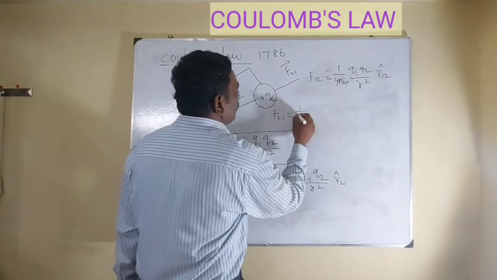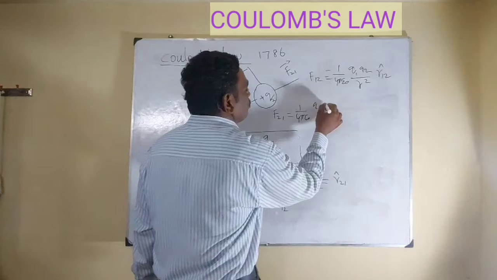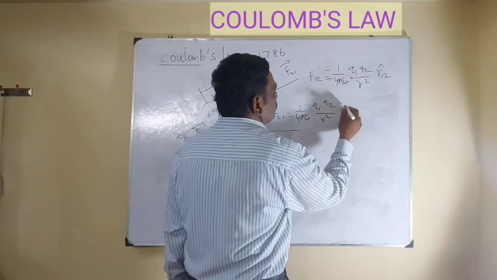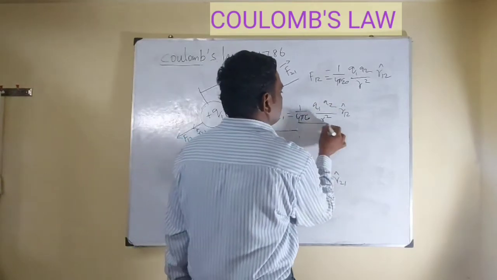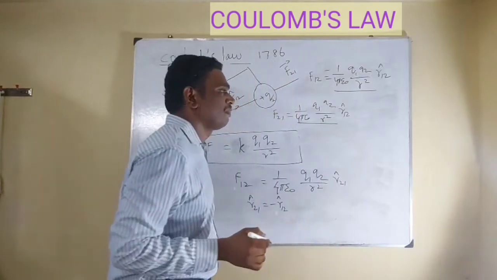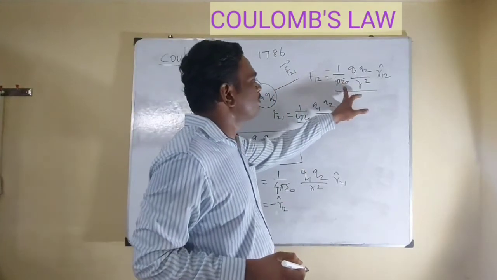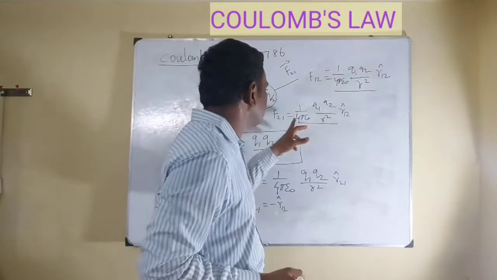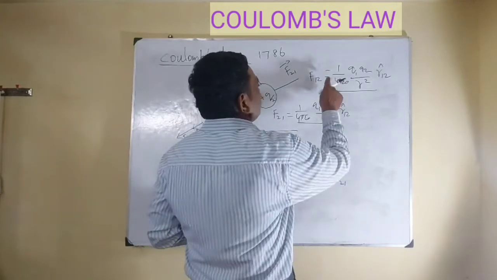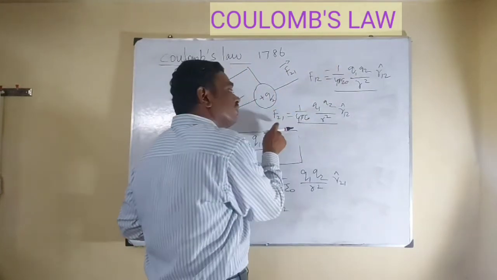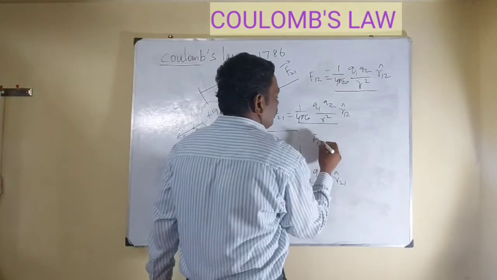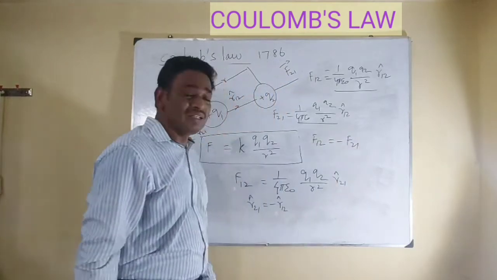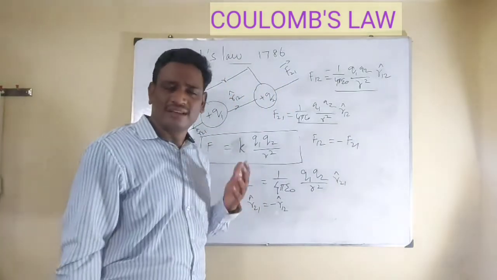F21 is equal to 1 by 4 pi epsilon naught Q1 Q2 by R square, and the unit vector is R12 cap. See here, this equation and this equation are the same. It means 1 by 4 pi epsilon naught Q1 Q2 by R square into R12 cap is nothing but F21. So except for the minus sign, the remaining terms are equal to F21. So we can write F12 equals minus F21. It means Coulomb's law obeys Newton's third law.